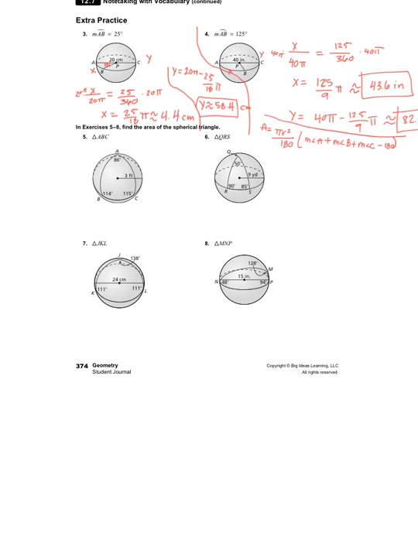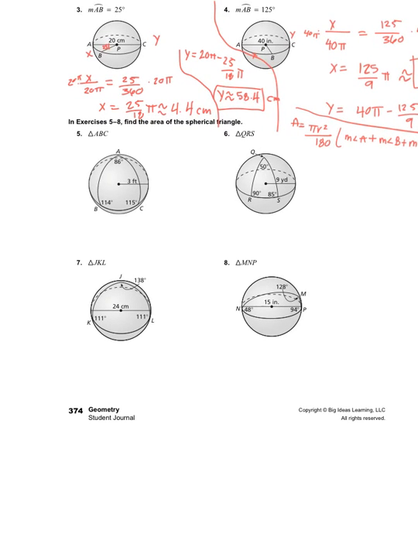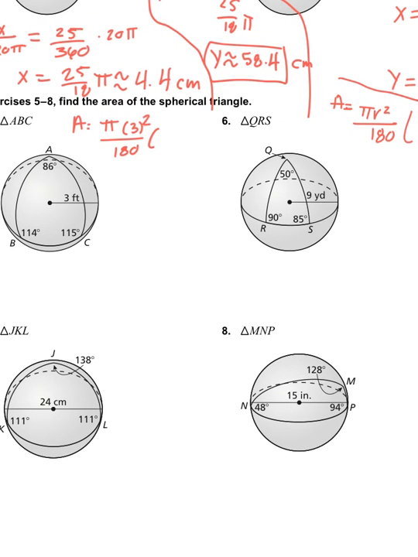Okay, so I'm going to go ahead and plug in what I know for this first one. I know that my radius is 3, so I'm going to do area equals pi times 3 squared over 180 degrees times 86 plus 115 plus 114 minus 180.